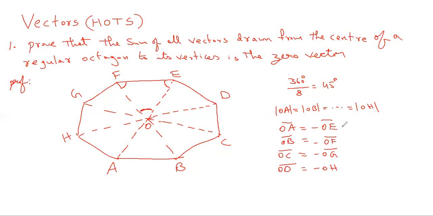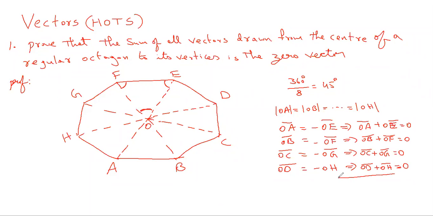If you bring OE also to the LHS, OA plus OE equals 0, OB plus OF equals 0, OC plus OG equals 0, and OD plus OH equals 0.